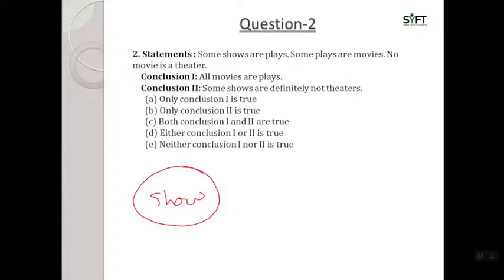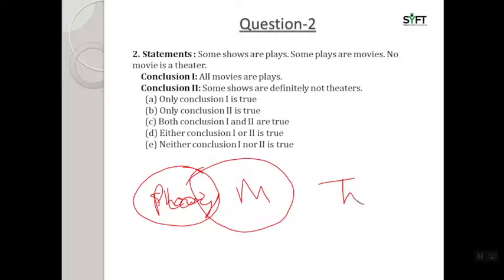Some plays are movies. So this is plays and this is movies. No movie is a theater. So theater is completely outside.